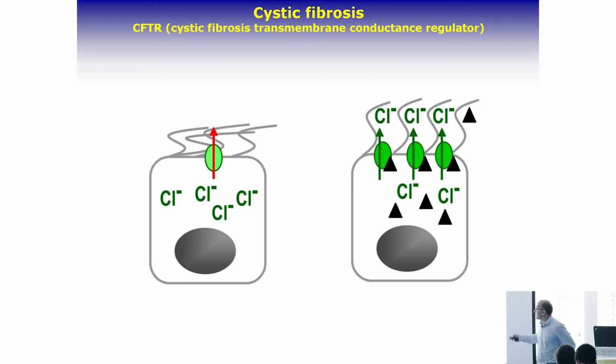And we would like to understand the process of the folding of this protein. How does it reach the plasma membrane? How does it work? And how does the mutation affect these processes?